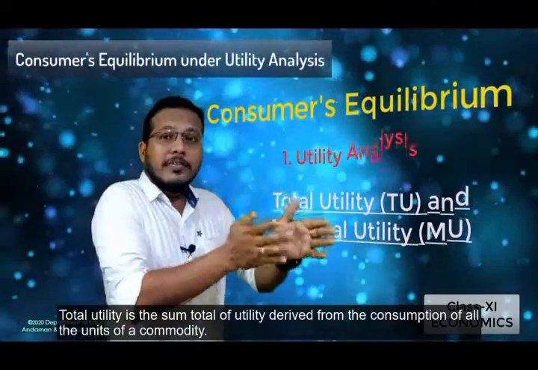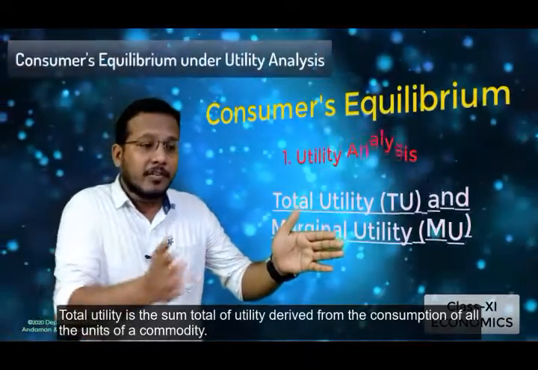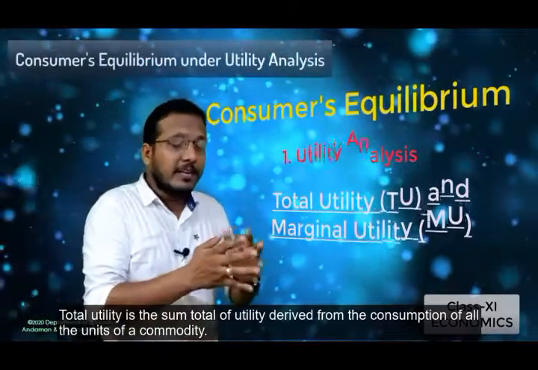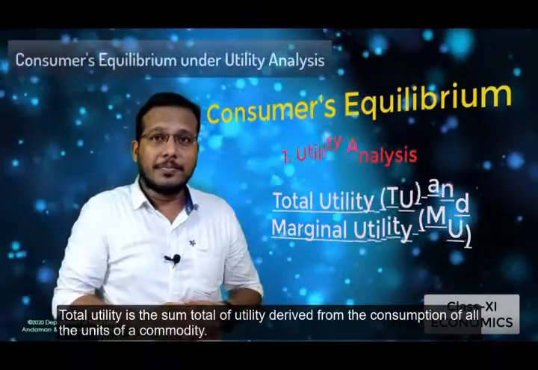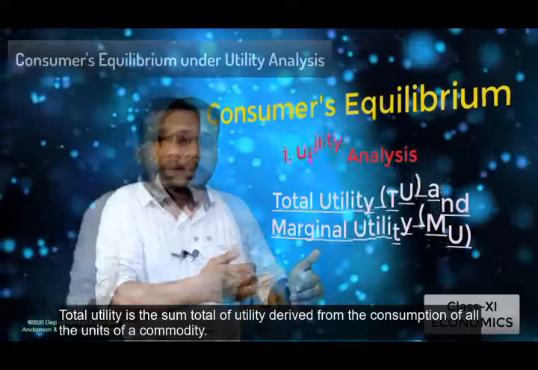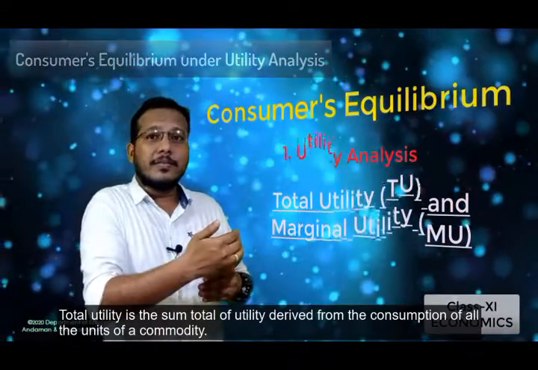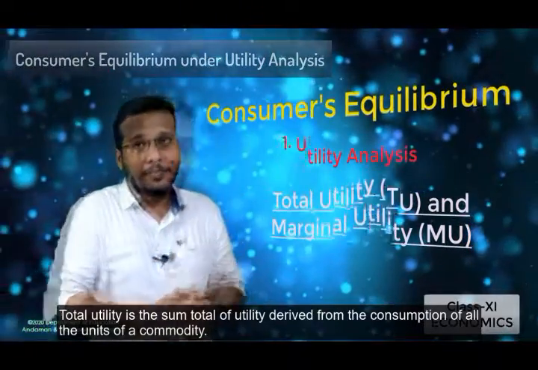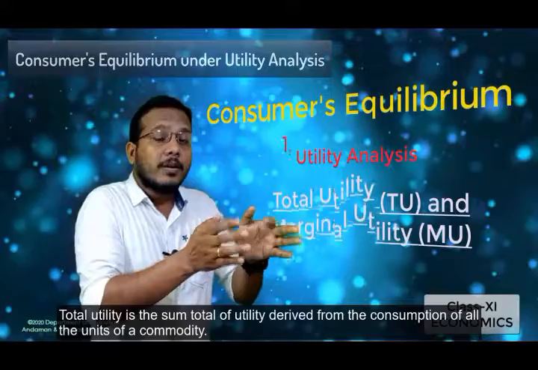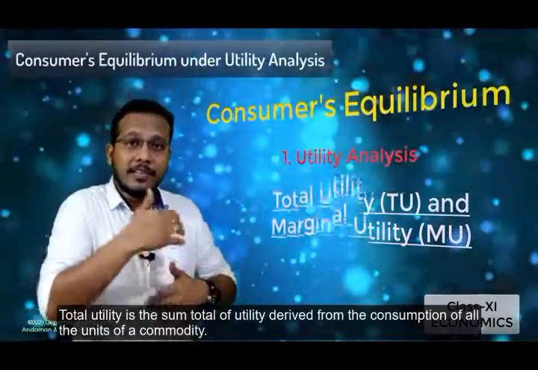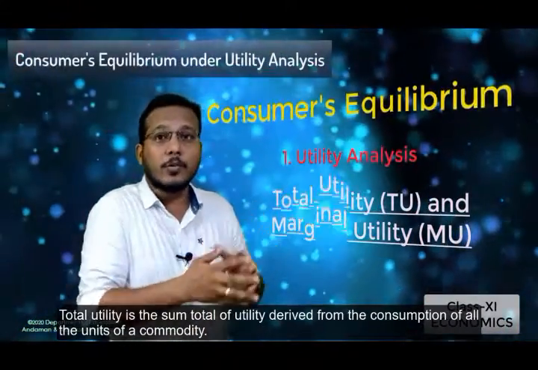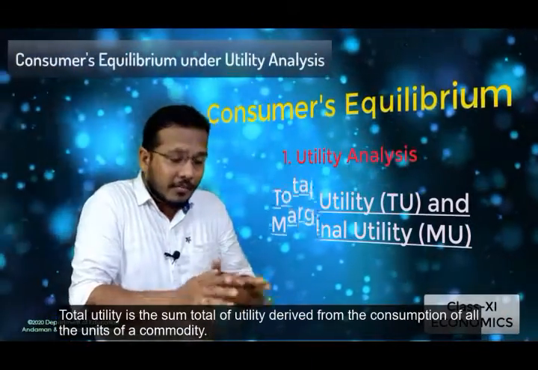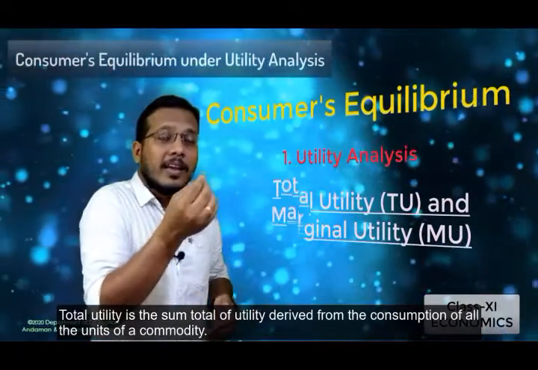That means we need to add all the utility derived from each and every unit consumed by the consumer. Take an example, if I am consuming bananas. If from the first banana he is getting a utility of 10 utils, and consuming one more banana, he is getting a satisfaction of 8 utils.